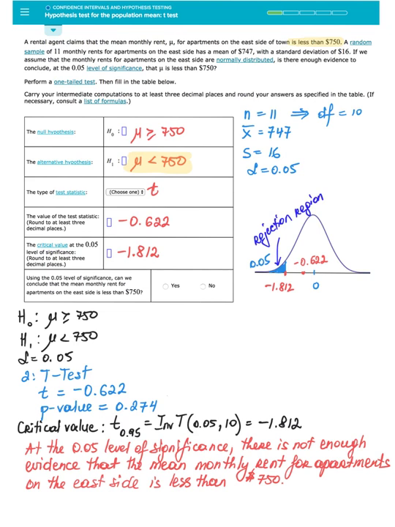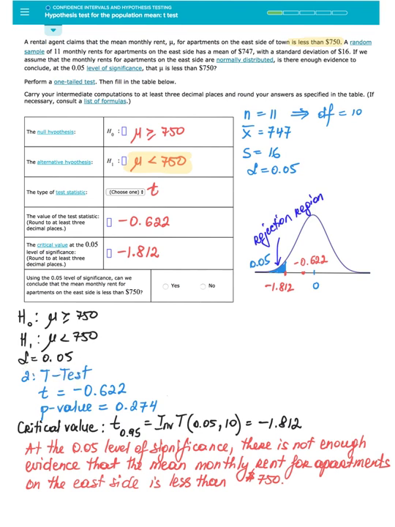Now it's time to look at the hypothesis statements. Notice that the claim we're trying to find evidence for says that the monthly rent mu is less than $750. So that's my alternative statement. Mu is less than 750. My null hypothesis has to take the opposite direction. Mu is greater than or equal to 750. So I record my alternative and null hypothesis right here.